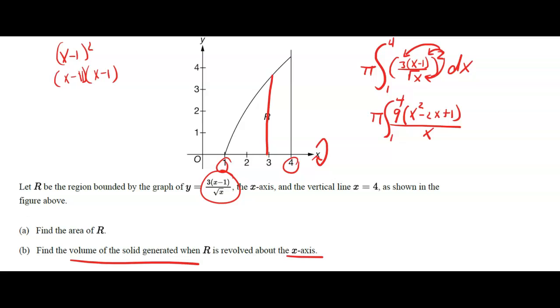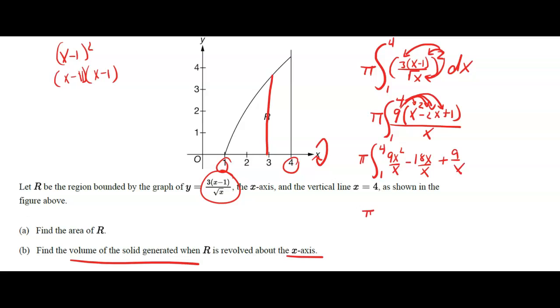Okay? I'm going to go ahead and distribute the 9 in here. And I'm going to split the numerator. So I've got 9x squared over x. And then I've got 18x over x. And then I've got 9 over x.